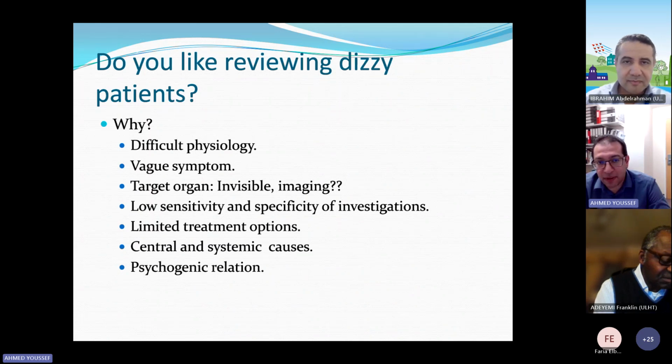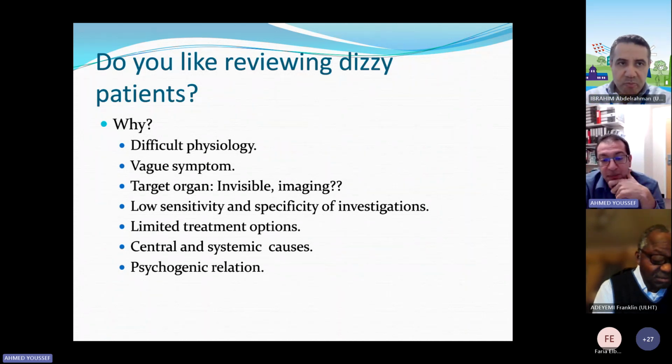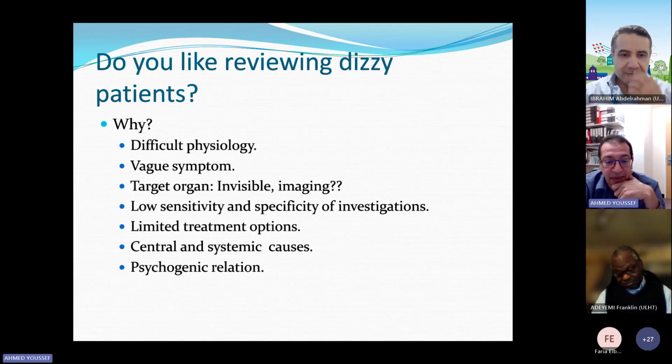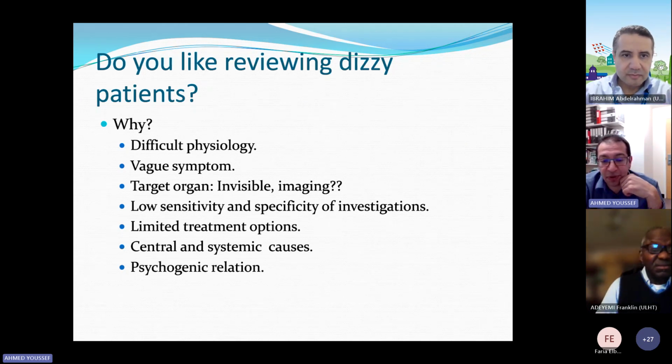Another important reason why it's difficult is the presence of central causes and systemic causes. Most likely, if you've had recent or decent training, you will be able to manage the ENT causes: Meniere's disease, BPPV, vestibular neuronitis.